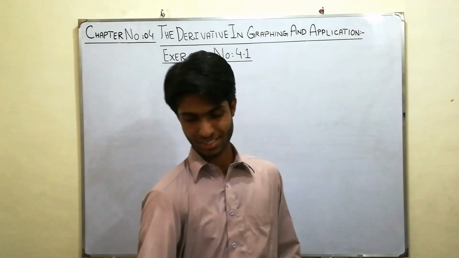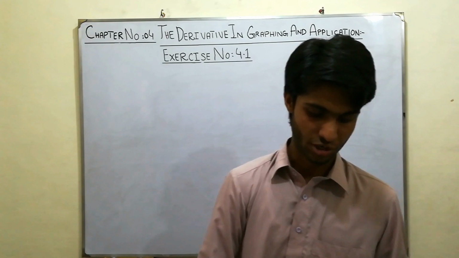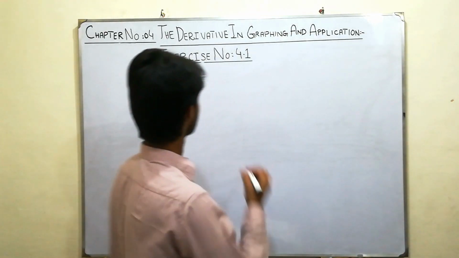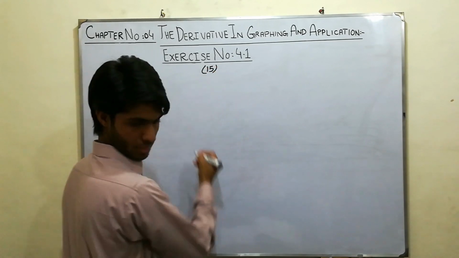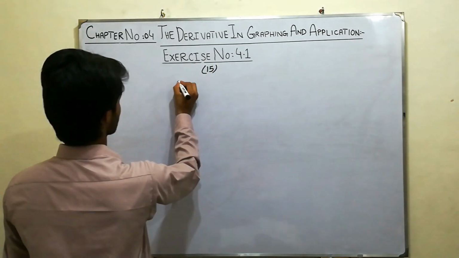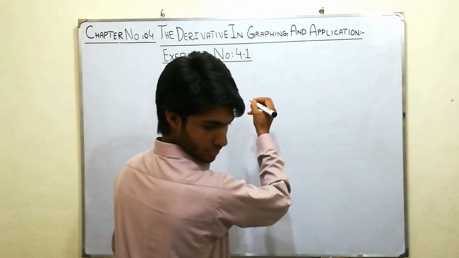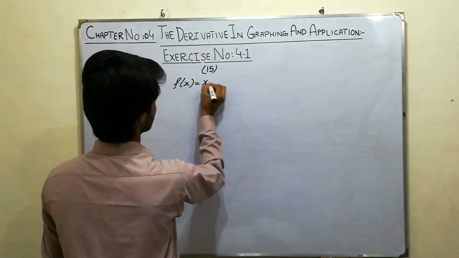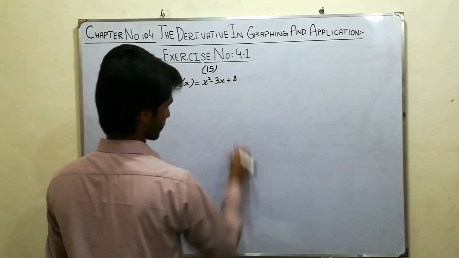Now we go to the exercise, starting from question number 15. f of x is equal to x squared minus 3x plus 8.